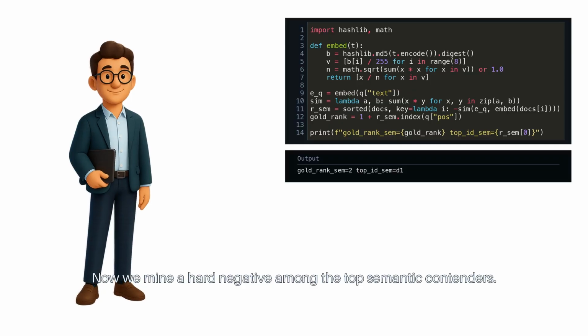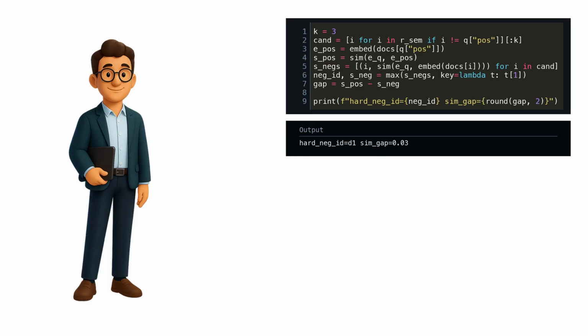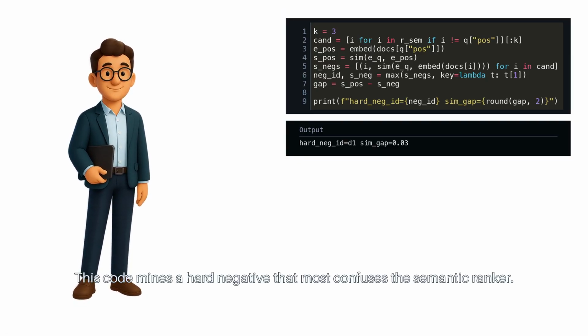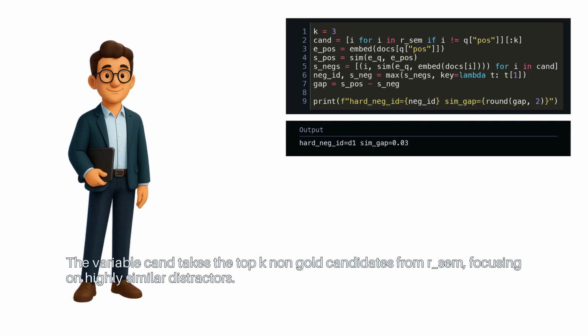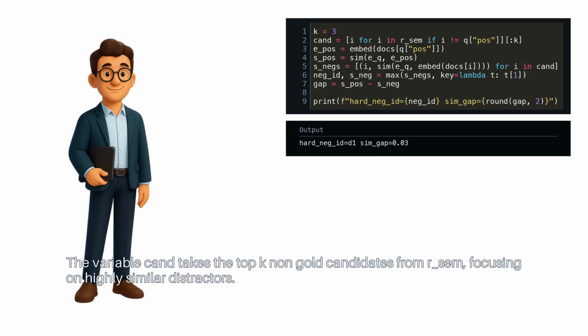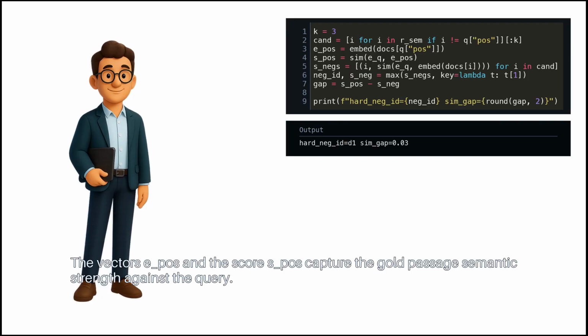Now we mine a hard negative among the top semantic contenders. This code mines a hard negative that most confuses the semantic ranker. The variable cand takes the top k non-gold candidates from rsem, focusing on highly similar distractors. The vectors epos and the score spos capture the gold passage semantic strength against the query.